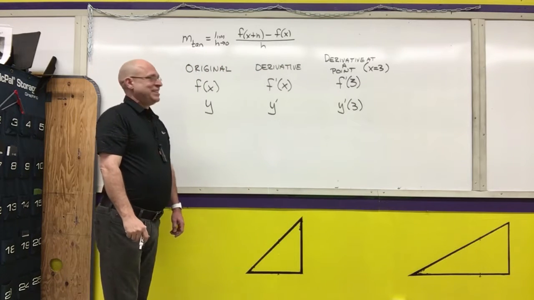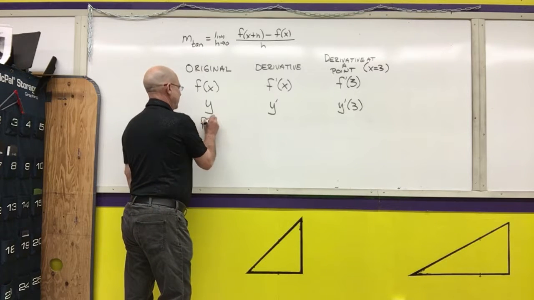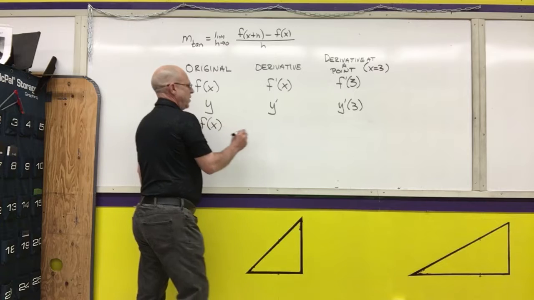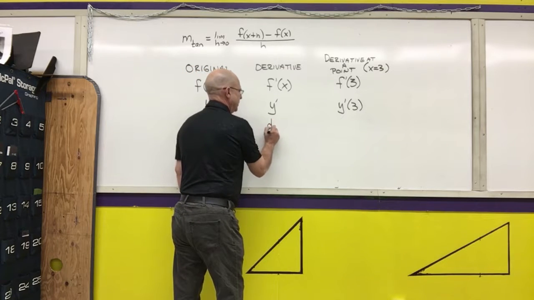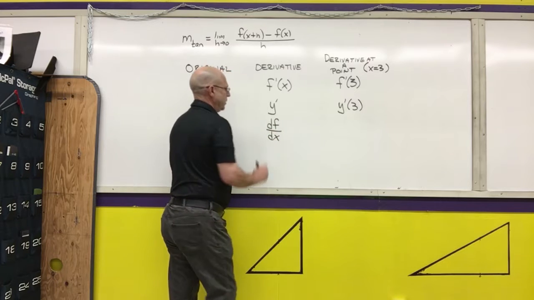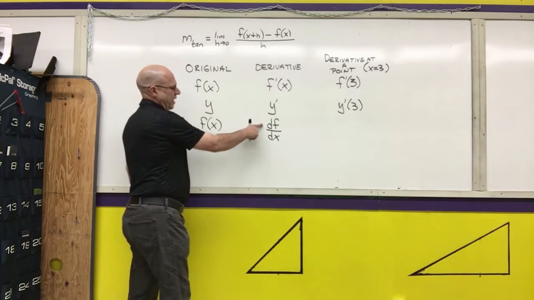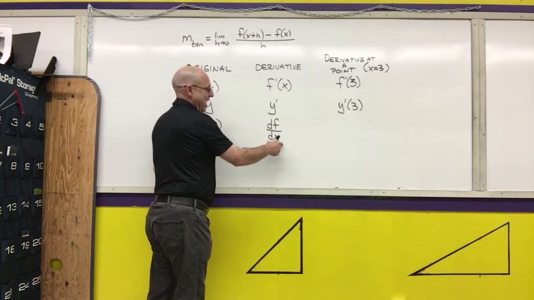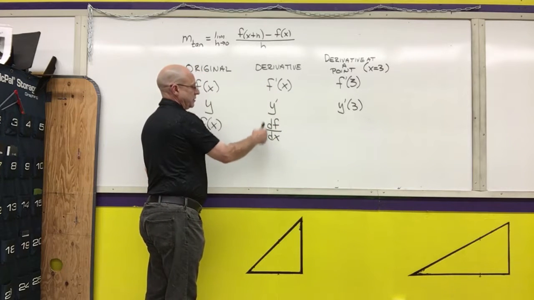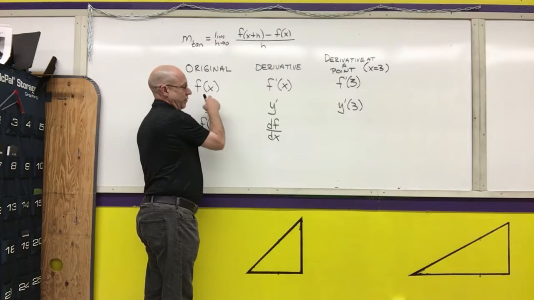Another way that you may see it is if the original function is f of x, you may see it written as df dx. So this is pronounced df dx. This has the same meaning as the derivative of f.